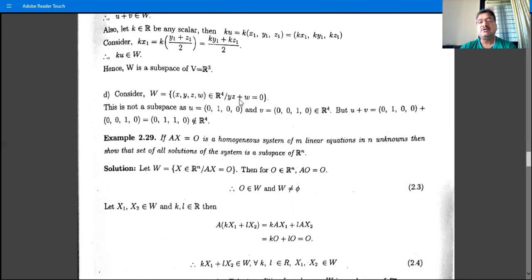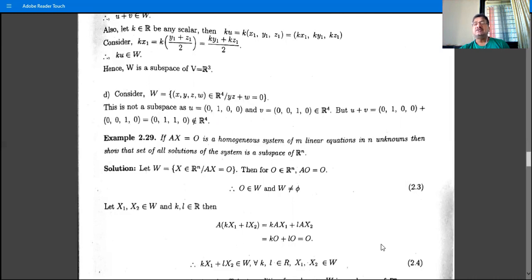So this is an element of W. Also v is (0, 0, 1, 0), because 0 into 1 is 0 plus w, which is 0, is equal to 0. So these two are elements of W, belonging to W. These are the two elements of W.